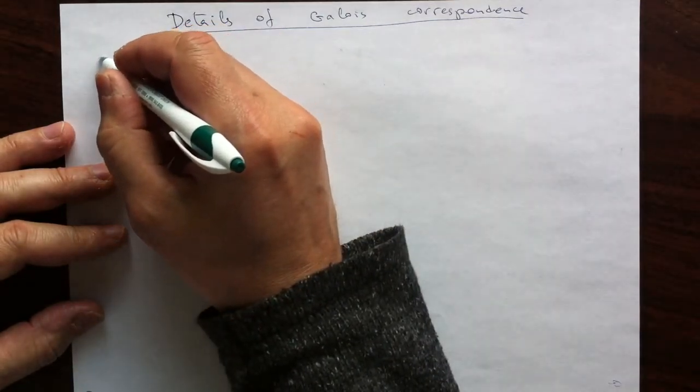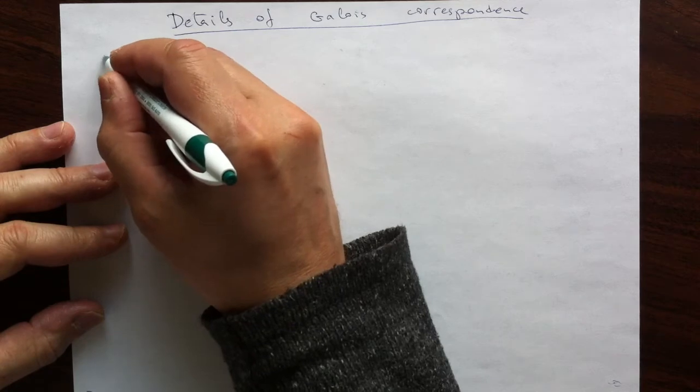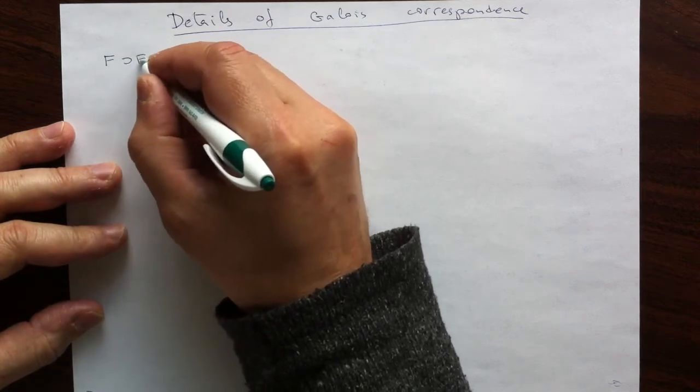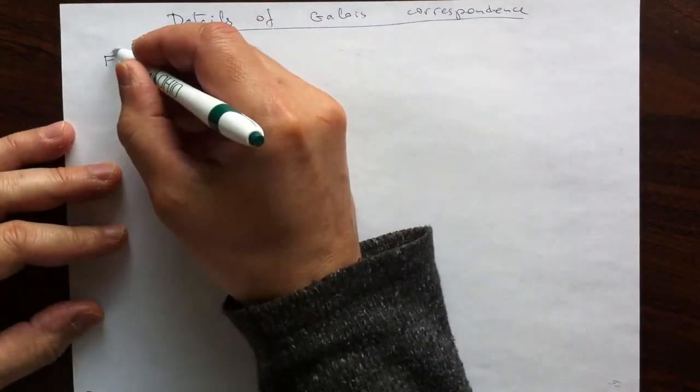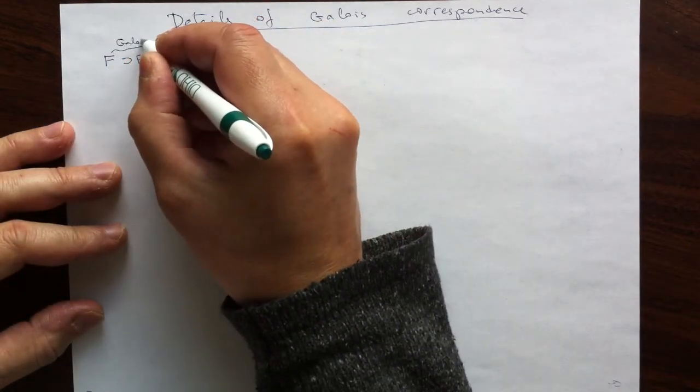So we'll be looking at a specific path in this Galois subfield lattice, and this is Galois.